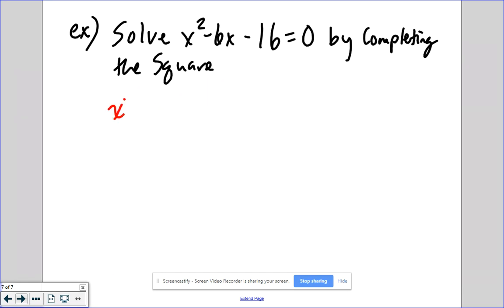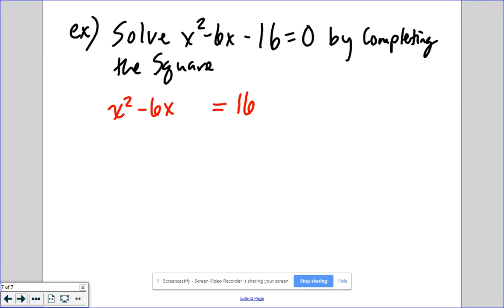Step 2, move c to the other side. Well, how do I move c over? It's negative 16, so how do I move it to the right side? Add it. So I get that. Now notice, I leave a hole in there.